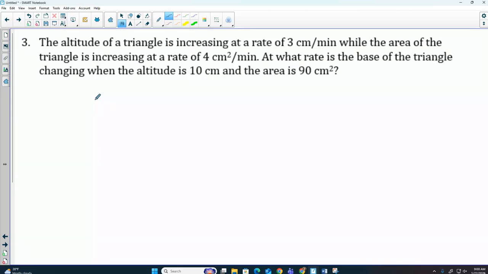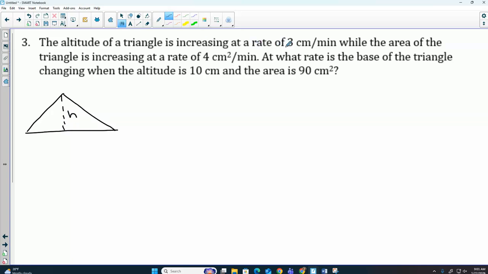The altitude of a triangle is increasing at a rate of 3 centimeters per minute, while the area is increasing at a rate of 4 square centimeters per minute. All right, so I have a triangle. I didn't tell you it was a right triangle. You might have drawn a right. That's totally fine. The altitude is just the height of it. Okay, so I'm just going to call that h.